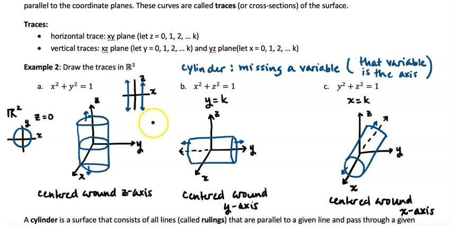All right, finally, what about on the yz plane? This one's a little bit easier to see because we're sort of looking at this in the direction of the x-axis, so we're looking at that yz plane, and again, we would just see two parallel lines.